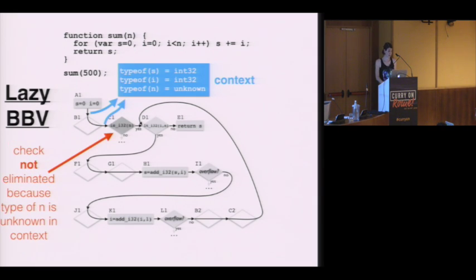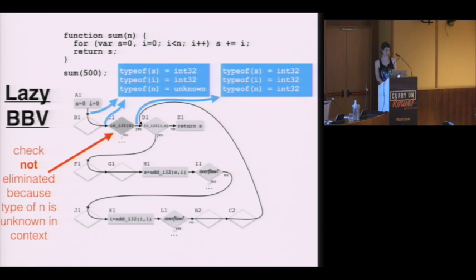But we cannot eliminate the type check on n because we don't know what the type of n is when entering the function. But once we've executed this type check on n dynamically, we know that n is an int32 value. So we have that s, I, and n are all int32 values after this first type check.